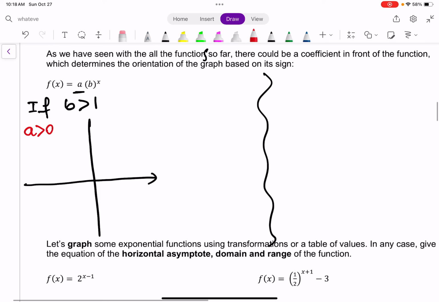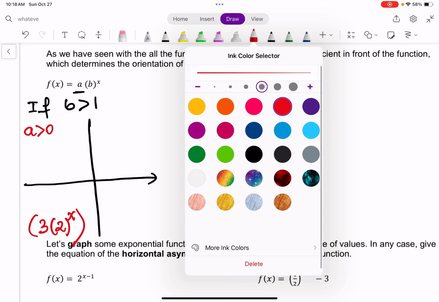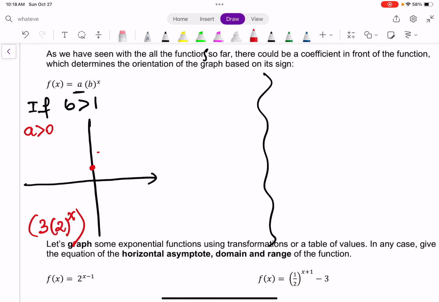So if you have, for example, 3 times 2 to the x, what kind of orientation does that have? Well, that simply means your graph is going to go up because the base is more than 1, and you multiplied it by a positive, so its orientation will stay the same. So the graph will get stretched vertically by a factor of 3, but it's still all positive, so it's going to stay above the x-axis.